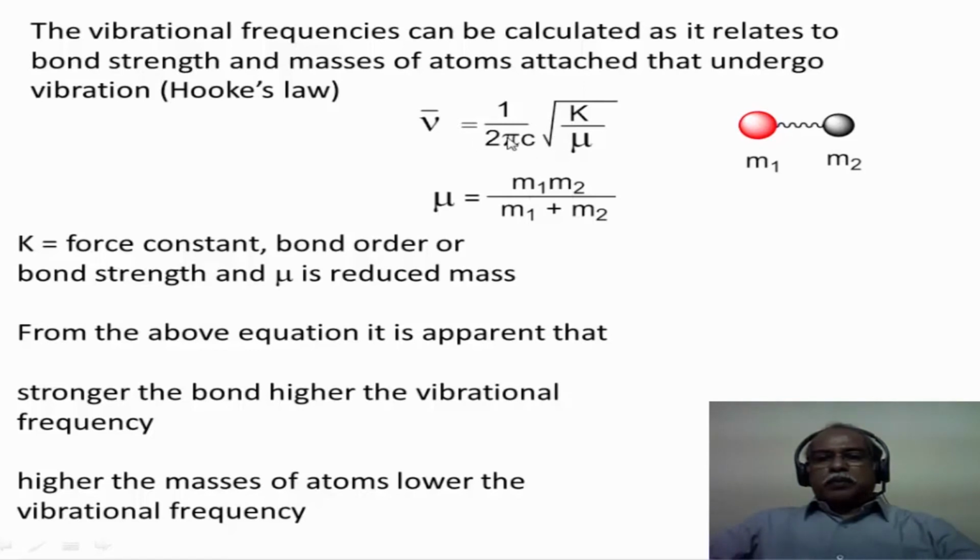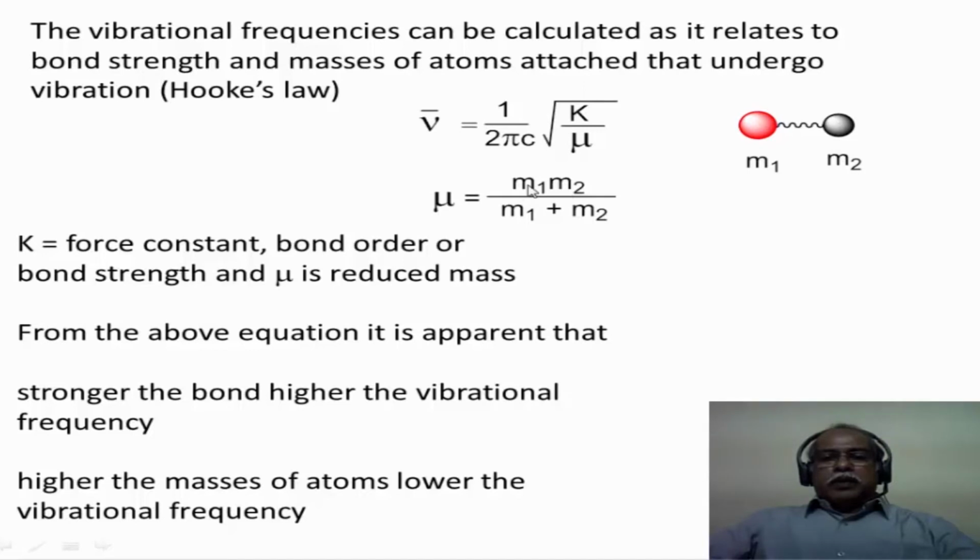It is directly proportional to the square root of k, where k is a force constant, which can be for all practical purposes considered as bond order or bond strength, and mu, which is the reduced mass, essentially corresponding to the 2 masses m1 and m2. If they are connected together, then mu is equal to m1 m2 divided by m1 plus m2.